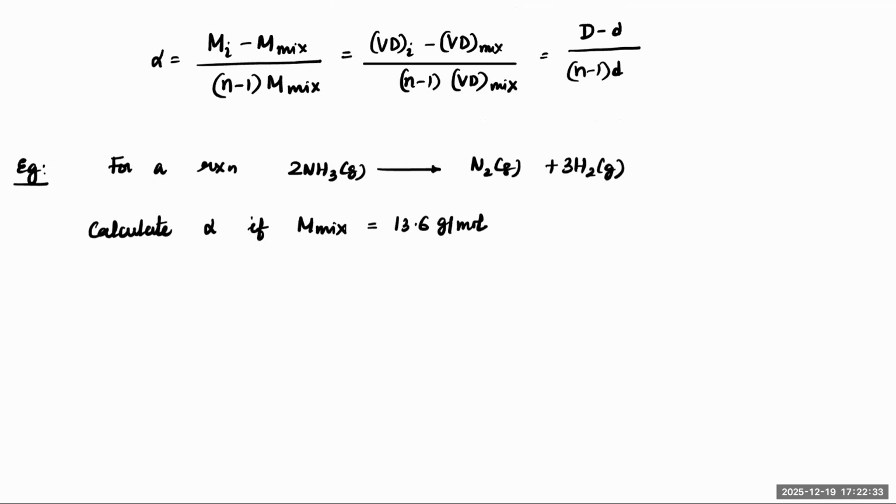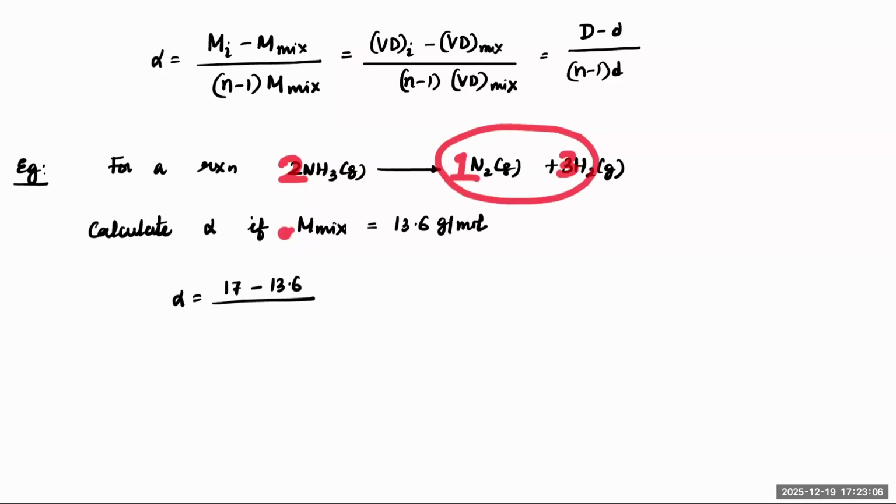Which formula will you use? So therefore, alpha is equal to initial molar mass. Initially, what you have is only ammonia. Ammonia's molar mass is 17, minus 13.6, divided by n. Now, how do we define n? Check this, beta. n is with respect to 1 mole of the reactant. So you notice this one thing. For every 2 moles stoichiometrically, I would be gaining 4 moles in the product, correct?